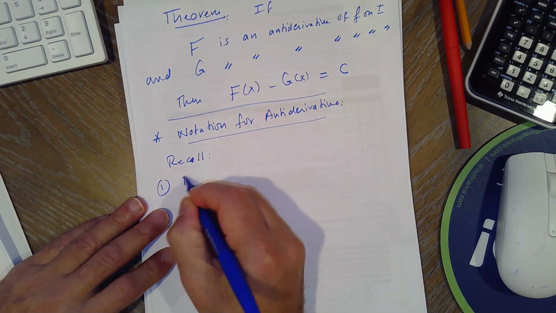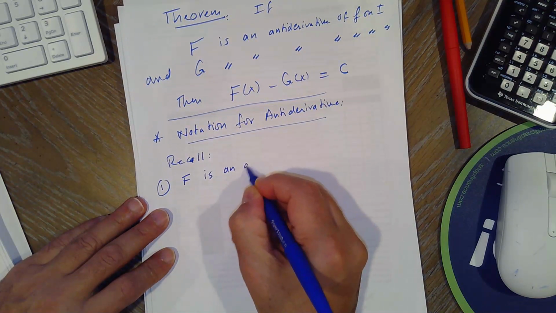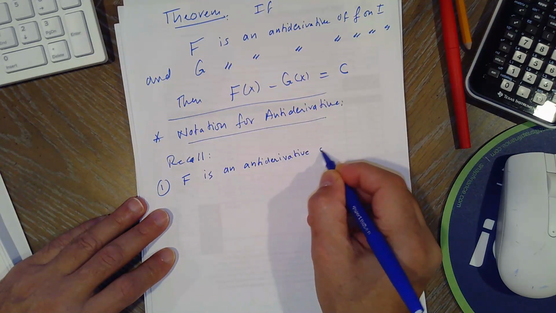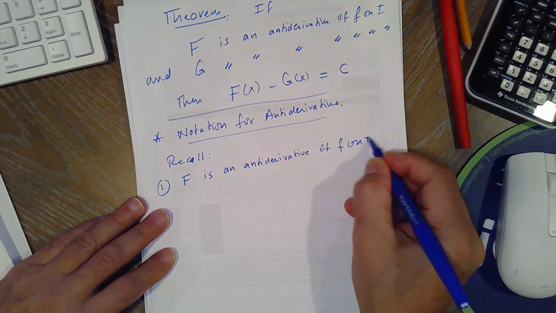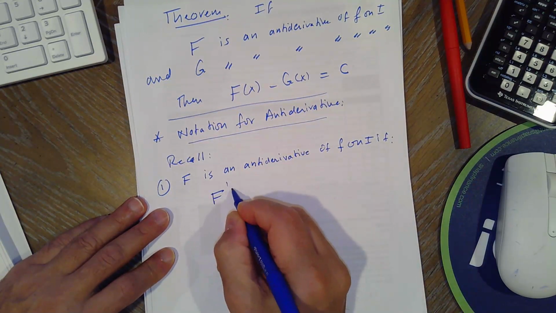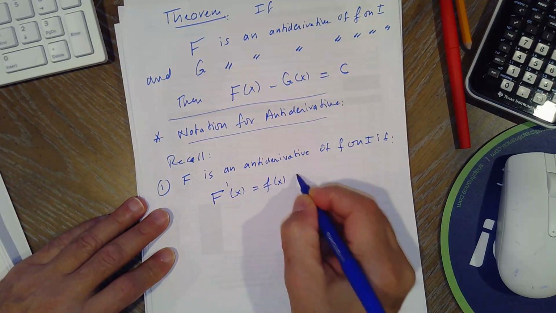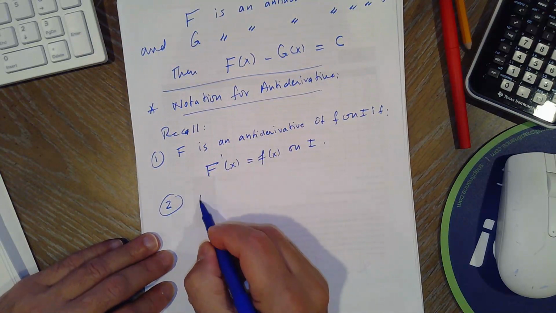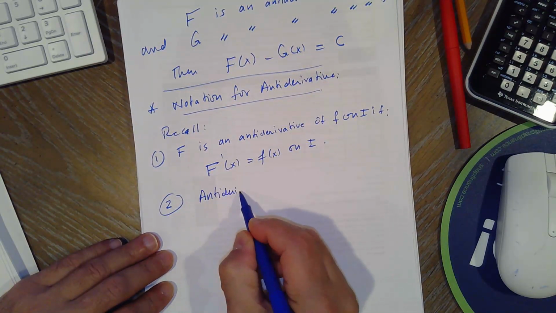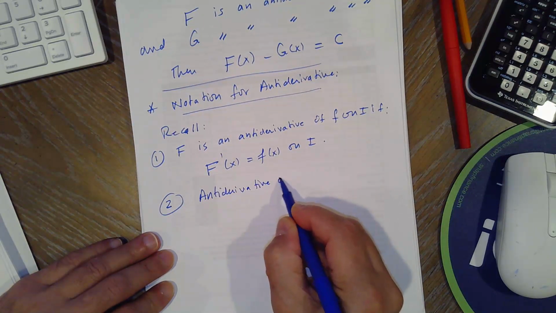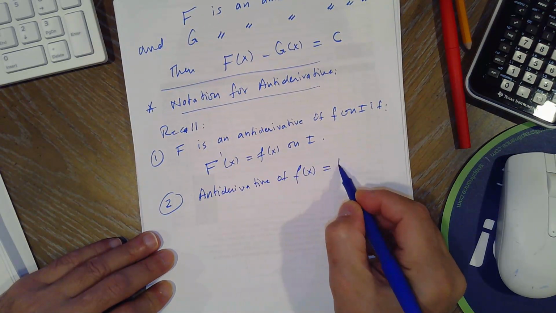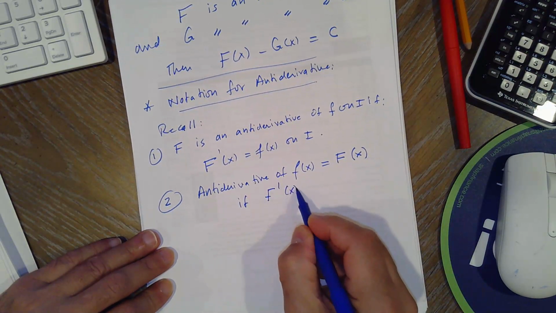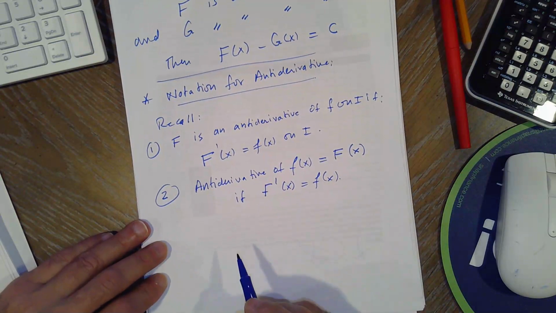Big F is an antiderivative of little f on I if the derivative of big F is little f of x for all x on I. And the antiderivative of f of x equals big F of x if F prime of x equals f of x. Okay.